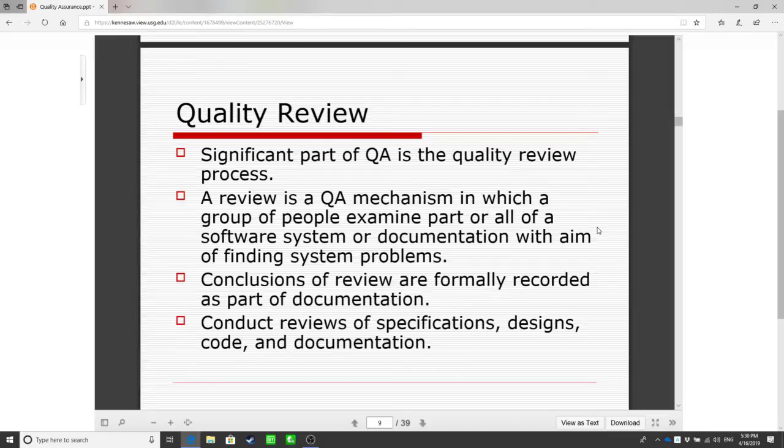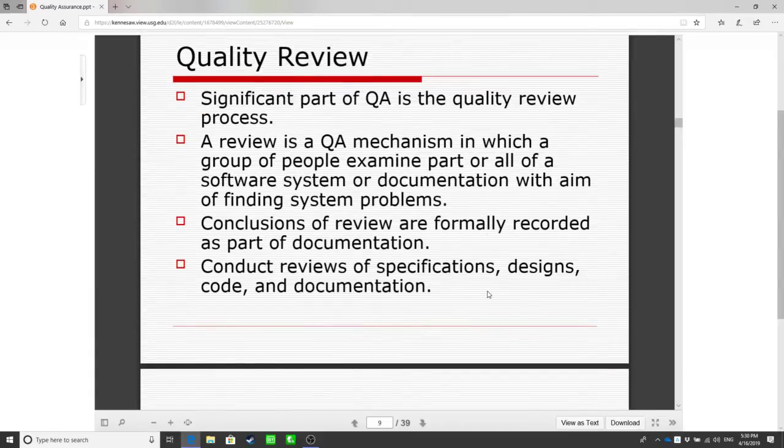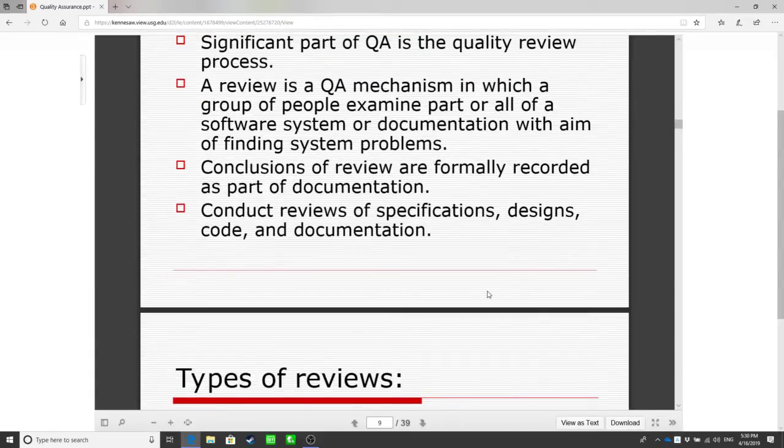Like I said, this kind of review process costs a lot, so sometimes you're not sure if you want to do that, but for the long-term benefits, it's better to do this quality assurance and the review. And also the review results, of course, are recorded and documented.